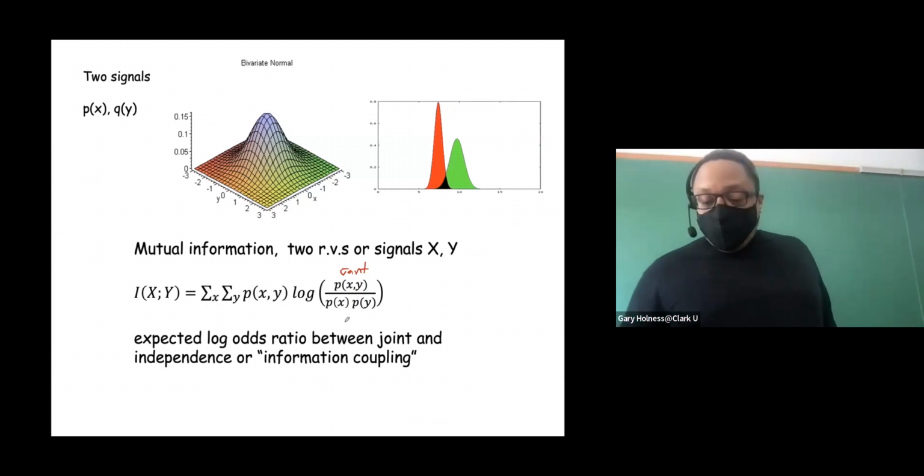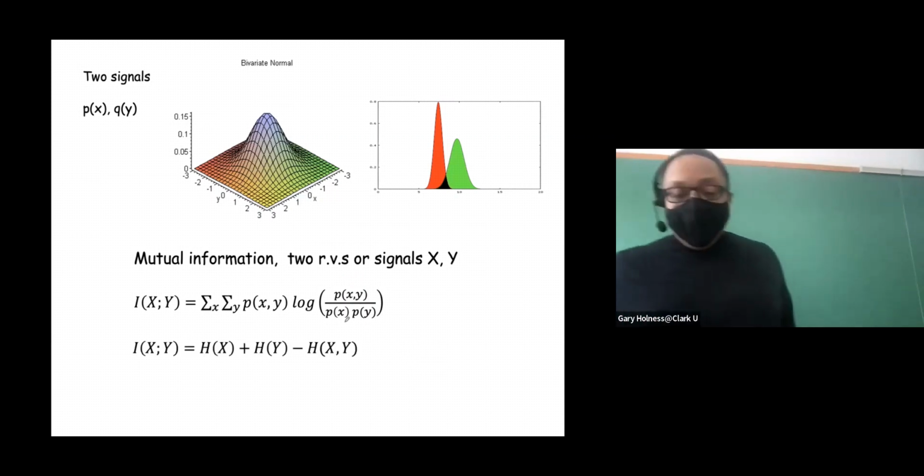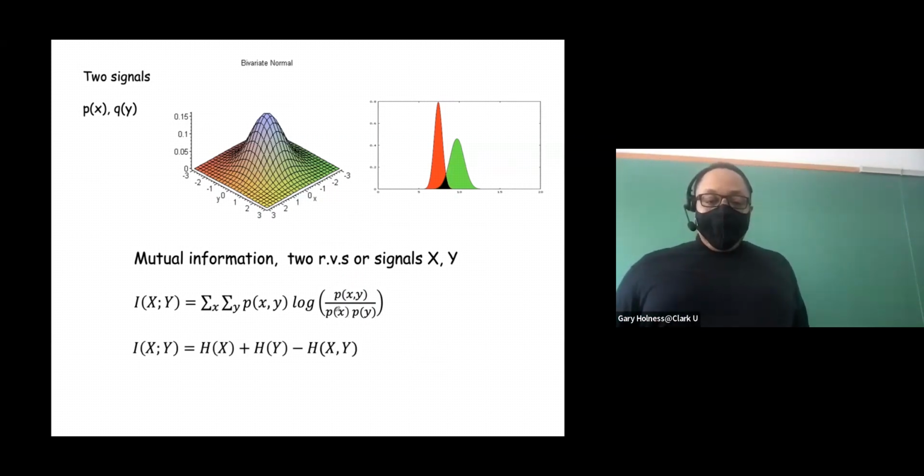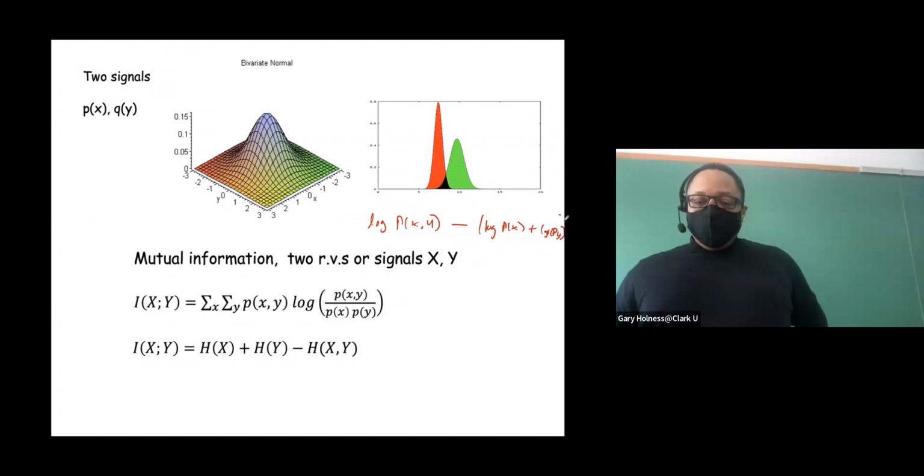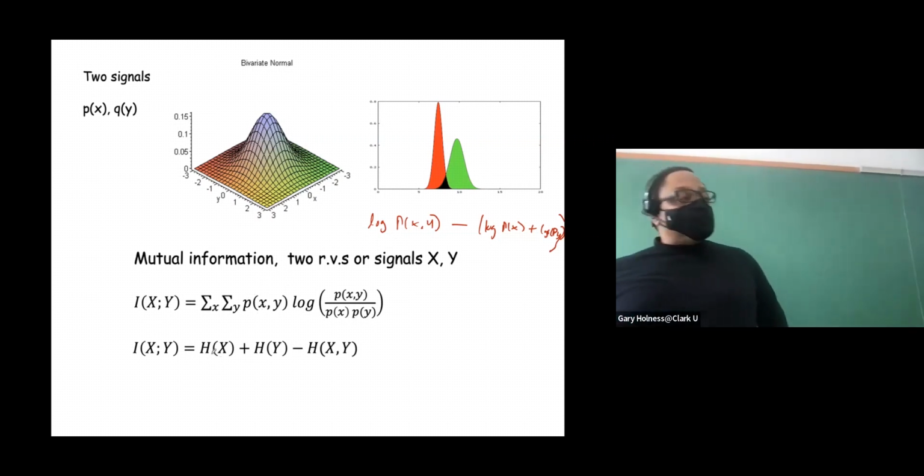No? And so if we take this mutual information and we do some transformation, the log of p of x, y over the product of p of x times p of y, that's just log of p of x, y minus log of p of x plus log of p of y. Went off the screen. And so if we do the algebra, we get this equivalent expression.